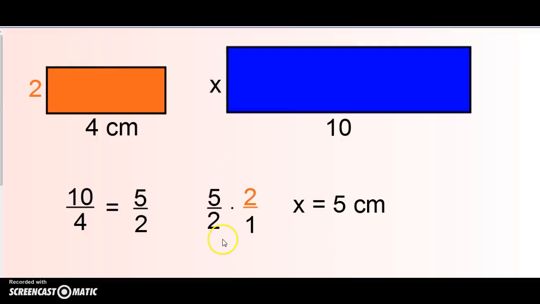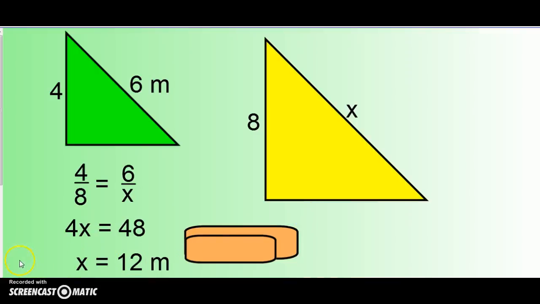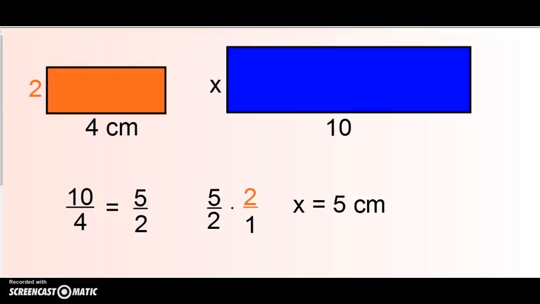So 5 is to 2 times 2. The 2's crisscross out, and so x, sorry about why that's so glitchy, our missing measurement is 5. I gave you simpler numbers that you could mentally see so that you understand the process, so that when you have harder numbers in your homework, you'll be able to see how the process works.